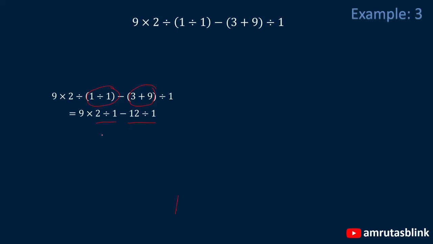Now we need to perform this multiplication, that is 9 into 2, which is equal to 18, and 18 minus 12 is equal to 6. So our final answer is 6.